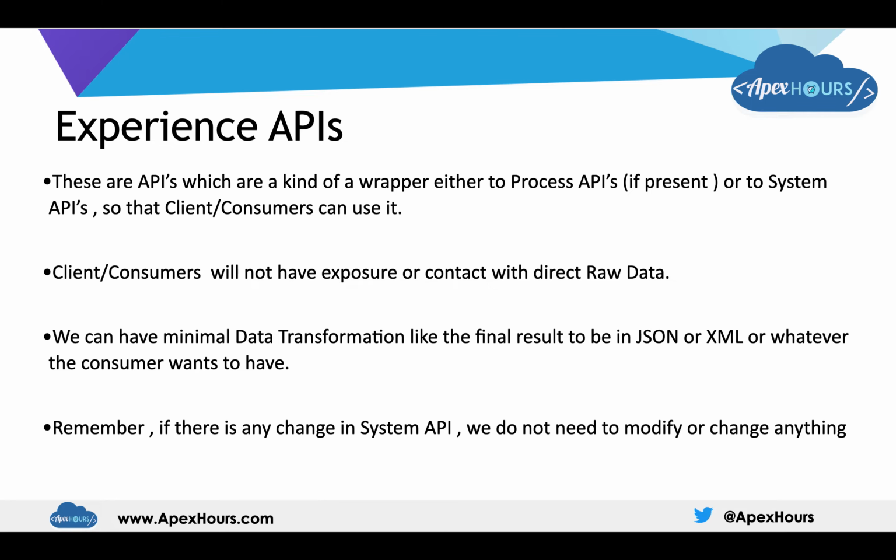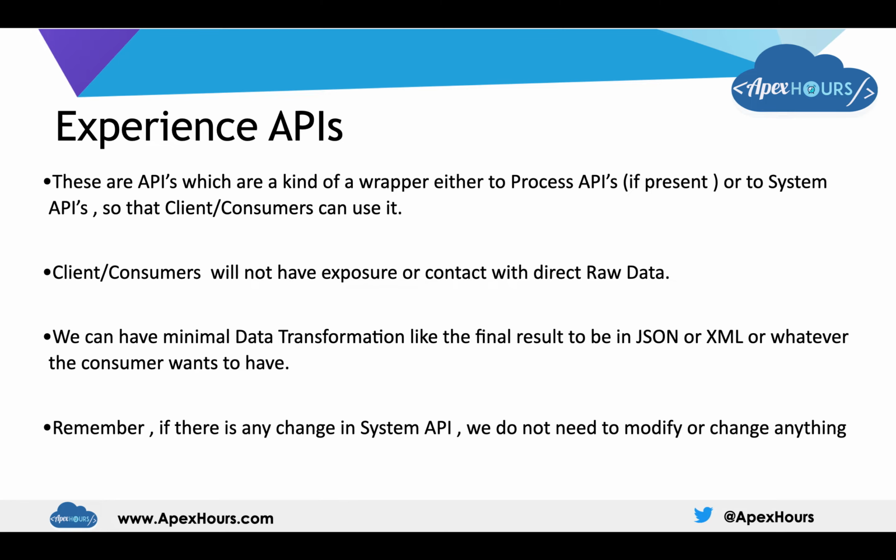Still we are not exposing these to the client because of best practices. So we create another API which talks to the process API, and the process API internally talks to the system APIs.